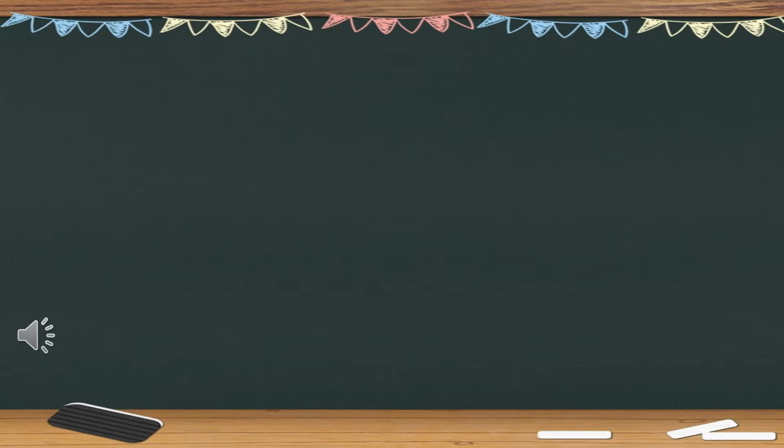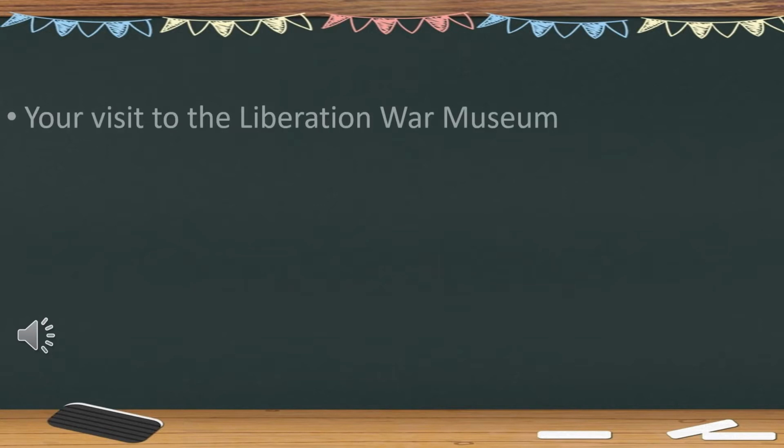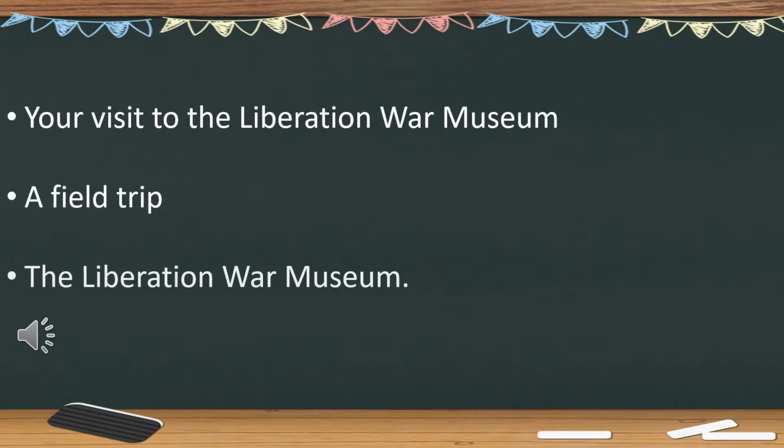Now, from this passage, you can be asked to write a short composition on your visit to the Liberation War Museum, or a field trip, or the Liberation War Museum. The interesting part is that the answers for your visit to the Liberation War Museum or a field trip will be the same, but the answer for the Liberation War Museum will be a little different.